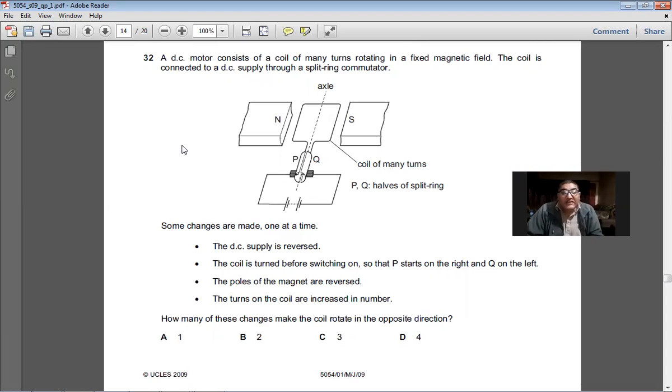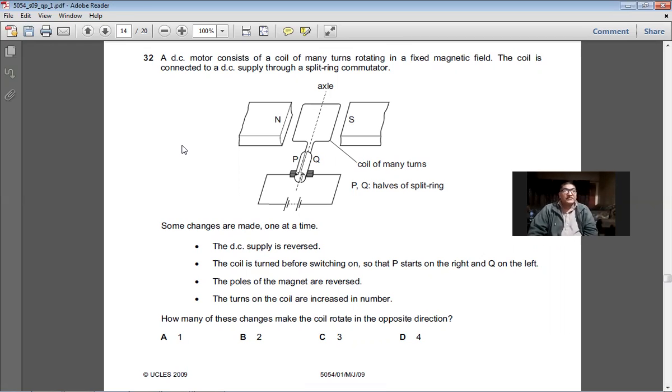The DC supply is reversed. The coil is turned before switching on so that the P starts on the right and the Q on the left. The poles of the magnet are reversed. The turns on the coil are increased in number. How many of these changes make the coil rotate in the opposite direction?